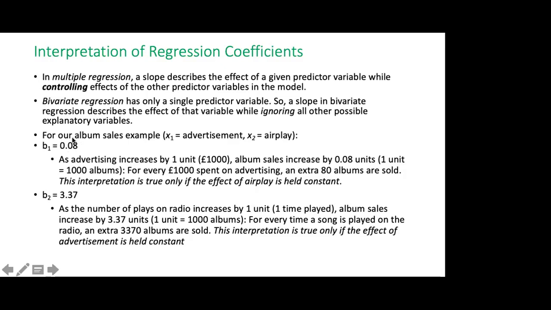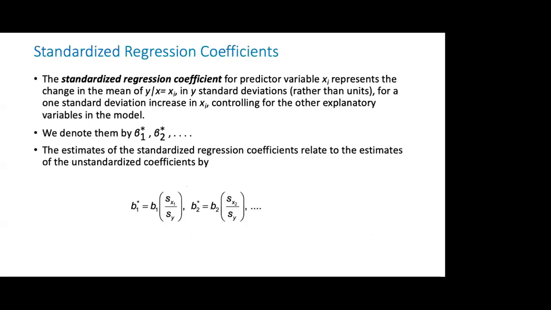So this regression weight is much smaller than the regression weight for this predictor. People thought, wouldn't it be nice if you could directly compare how much influence a given predictor has on the outcome variable, irrespective of its unit or scale. That's how standardized regression coefficients came into play.